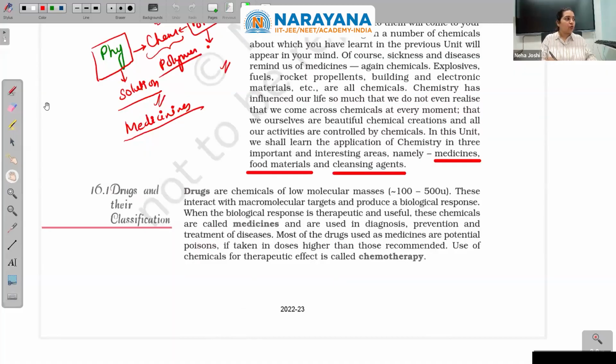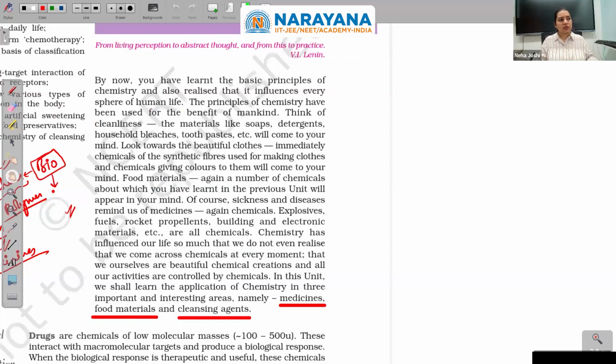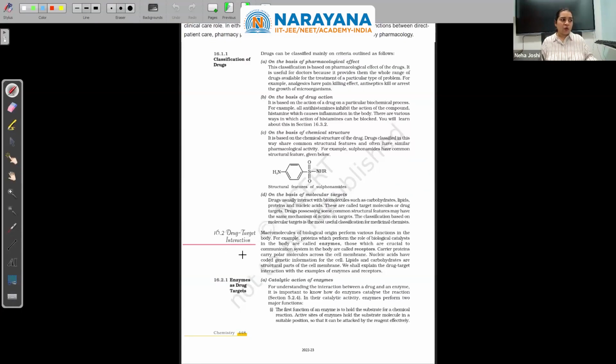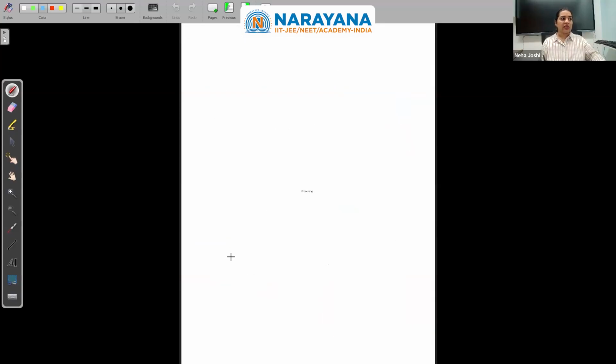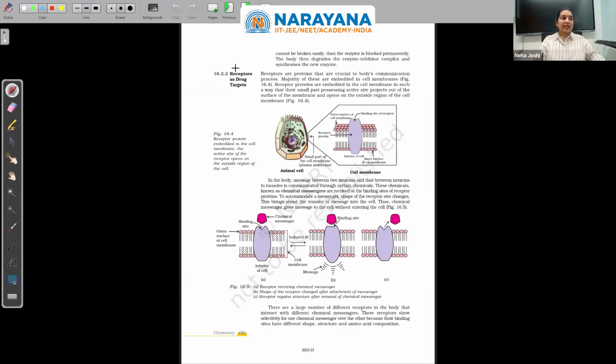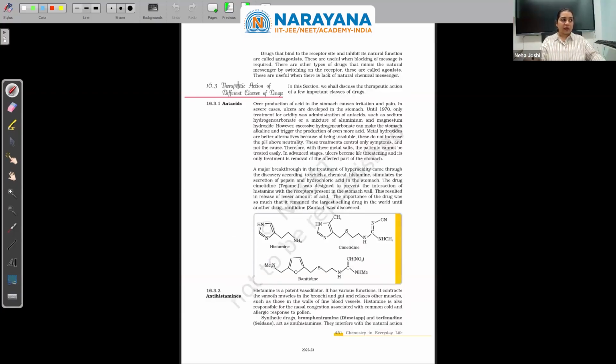The entire chapter is to be broken down like this: first I have to study what is drugs. Then they will talk of classification of drugs. There are three types that we will study. Then they say what is the drug and target interaction, drugs as receptors at drug targets, the functioning of drugs.